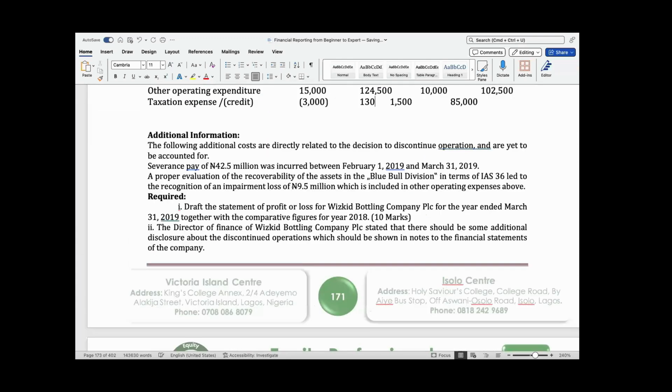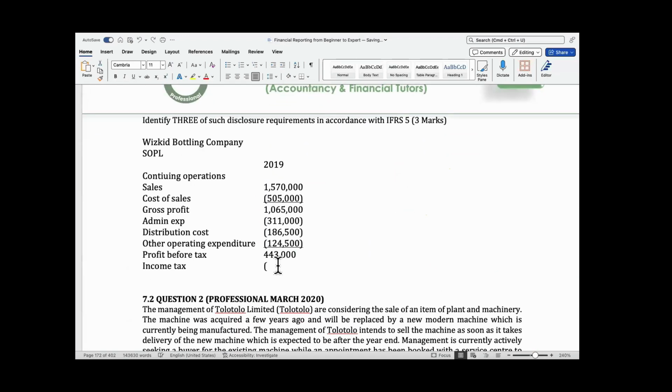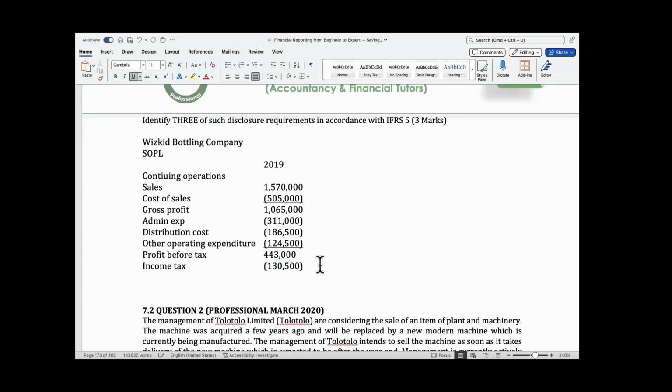I think I can hear rain falling from somebody's end there. So what is the profit for the year? 312,500. So that's for the continuing operations.